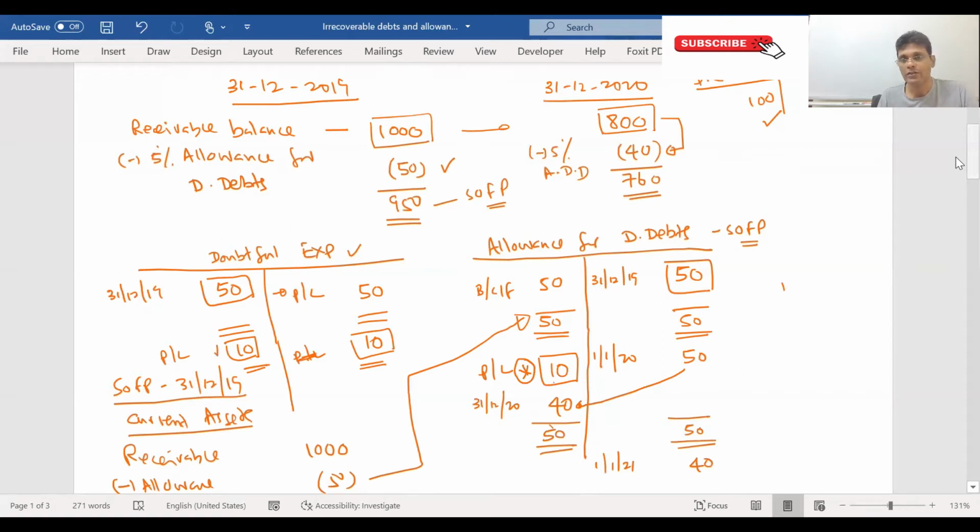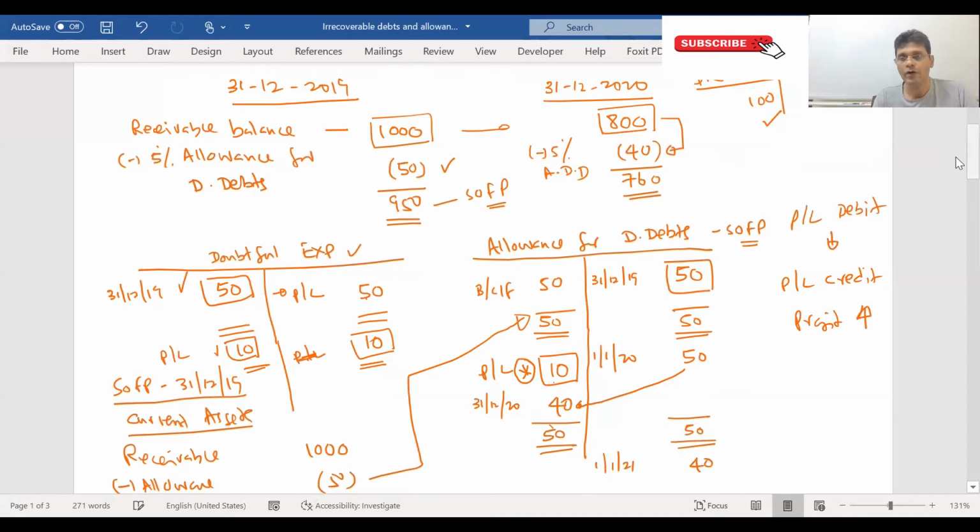So profit and loss account credit means, okay, your profit will increase. Okay. So in the first scenario, we debited the profit and loss account. Doubtful debts expenses we debited, and therefore this will be transferred as an expense to the P&L account. So therefore the profit and loss account debit means, okay, your profit will reduce.